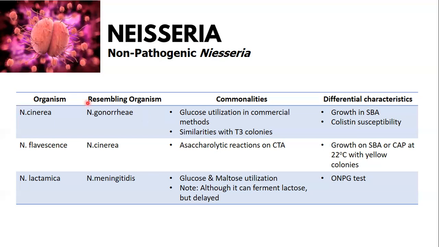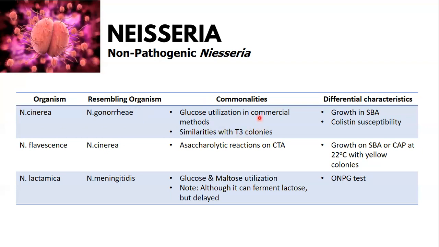So first we have here Neisseria cinerea. It resembles pathogenic Neisseria gonorrhoeae, and these are the commonalities. Take note that both of these organisms, when tested for glucose utilization in commercial systems, such as using multi-test and chromogenic substrate methods, may have similar glucose utilization reaction, and both bacteria show similarities with T3 colonies.